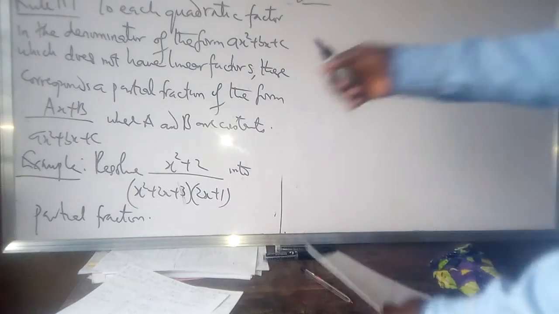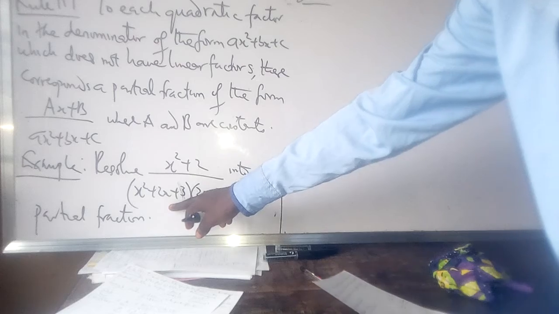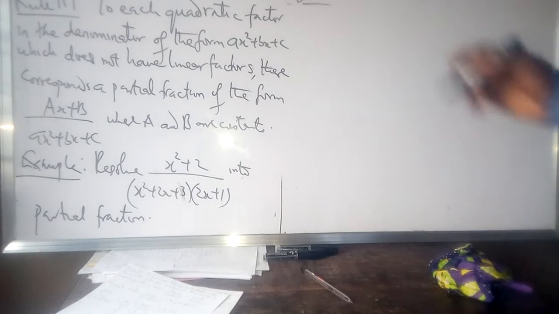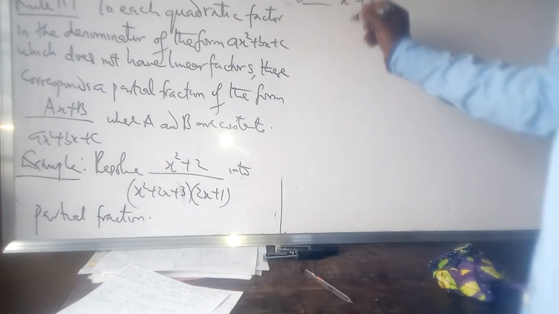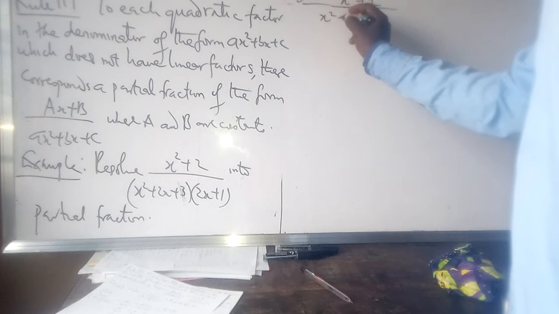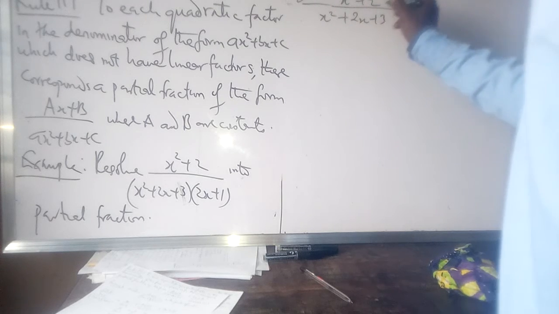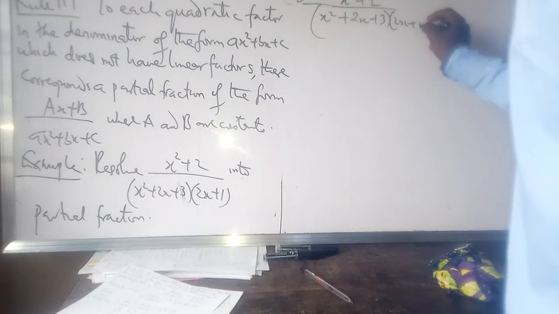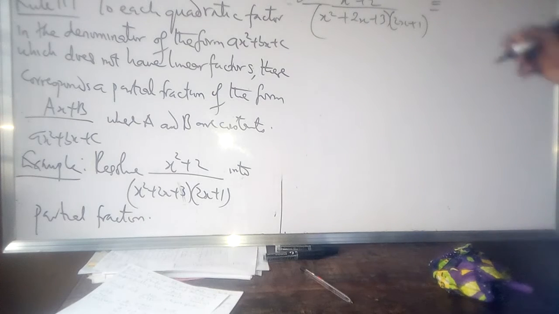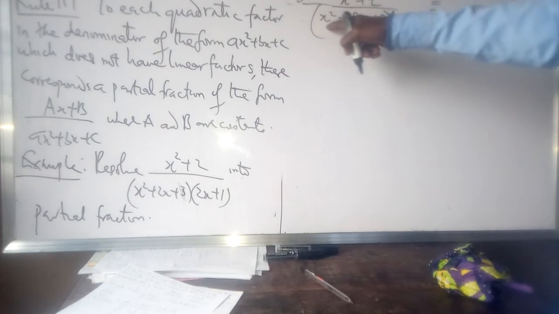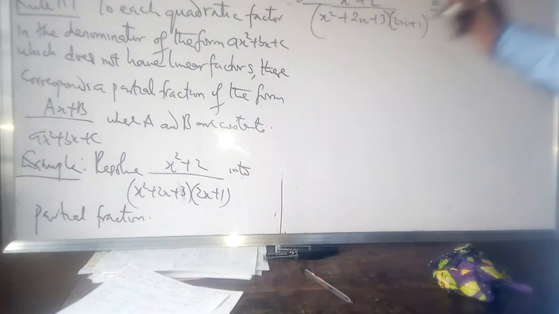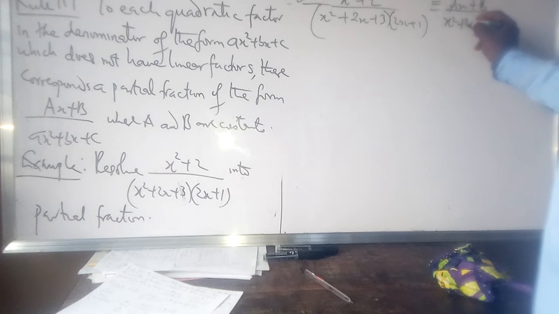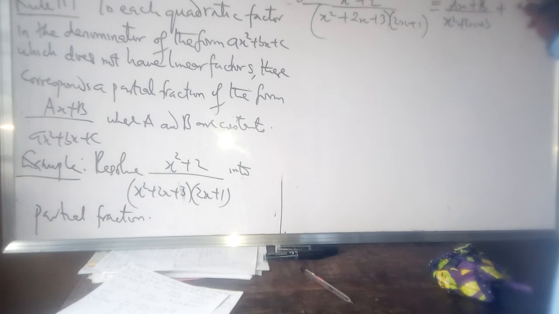So how do we go about this? Instead of factorizing this, we can resolve it into a form that looks like this. (x squared plus 2) all over (x squared plus 2x plus 3)(2x plus 1) will be equivalent to (ax plus b) all over the quadratic expression x squared plus 2x plus 3, plus c all over 2x plus 1.